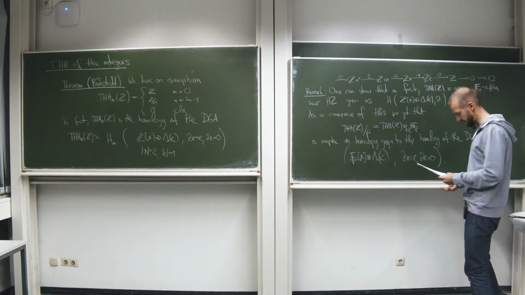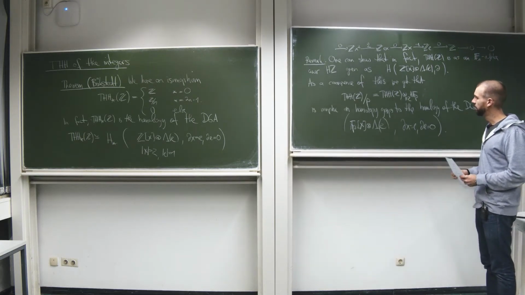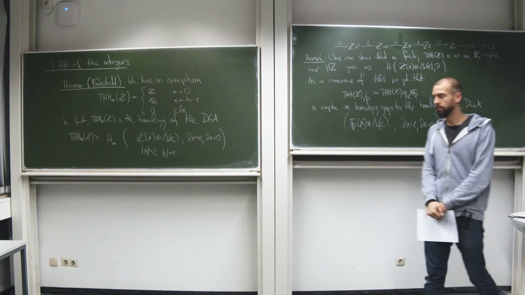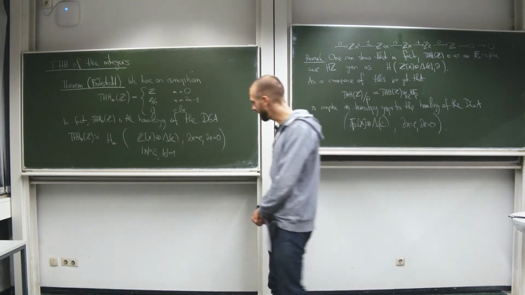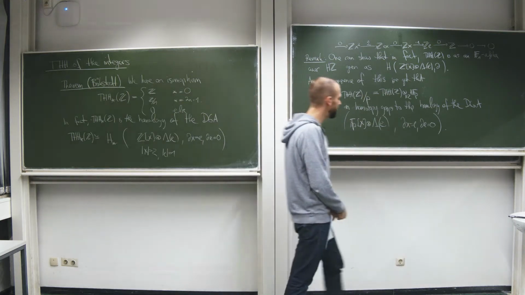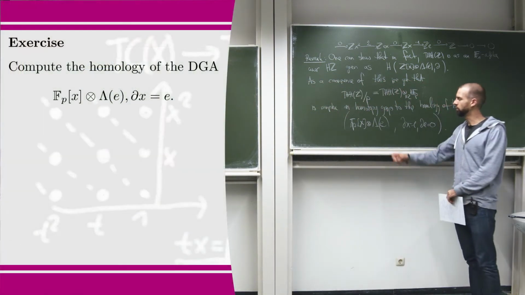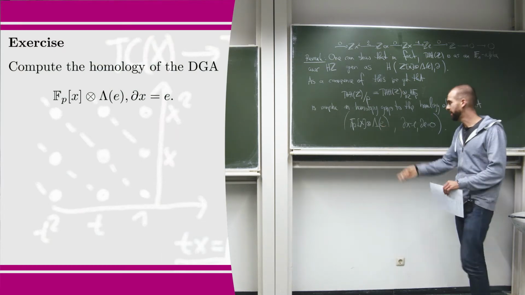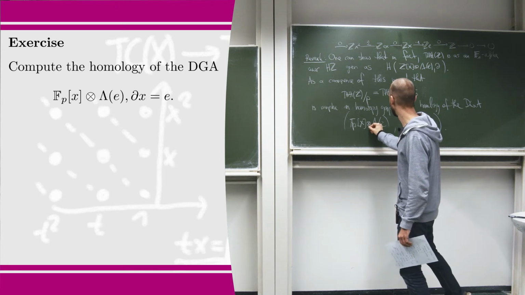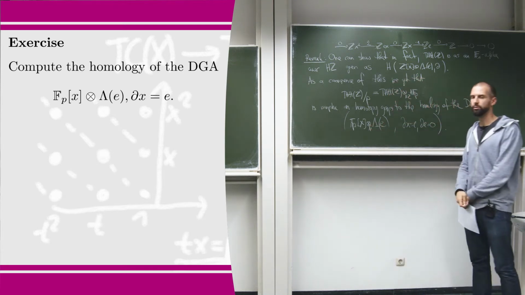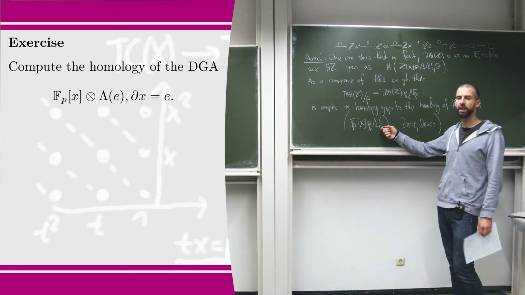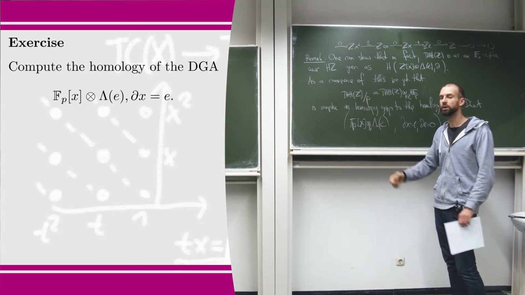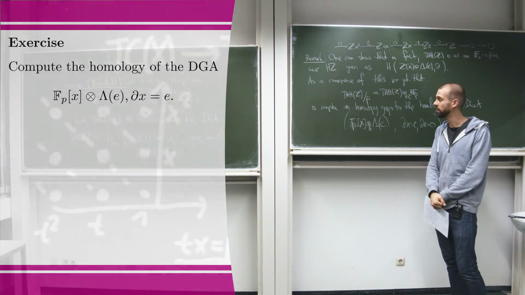Okay, and this homology actually has non-trivial multiplication, and as a first exercise for today, I ask you to compute the homology of this DGA. In this case, this is really just a tensor product over Fp, an exterior algebra over Fp. So compute the homology of this DGA as a ring, and you'll see that in the mod p reduction of THH of the integers, you'll have non-trivial multiplicative structure.